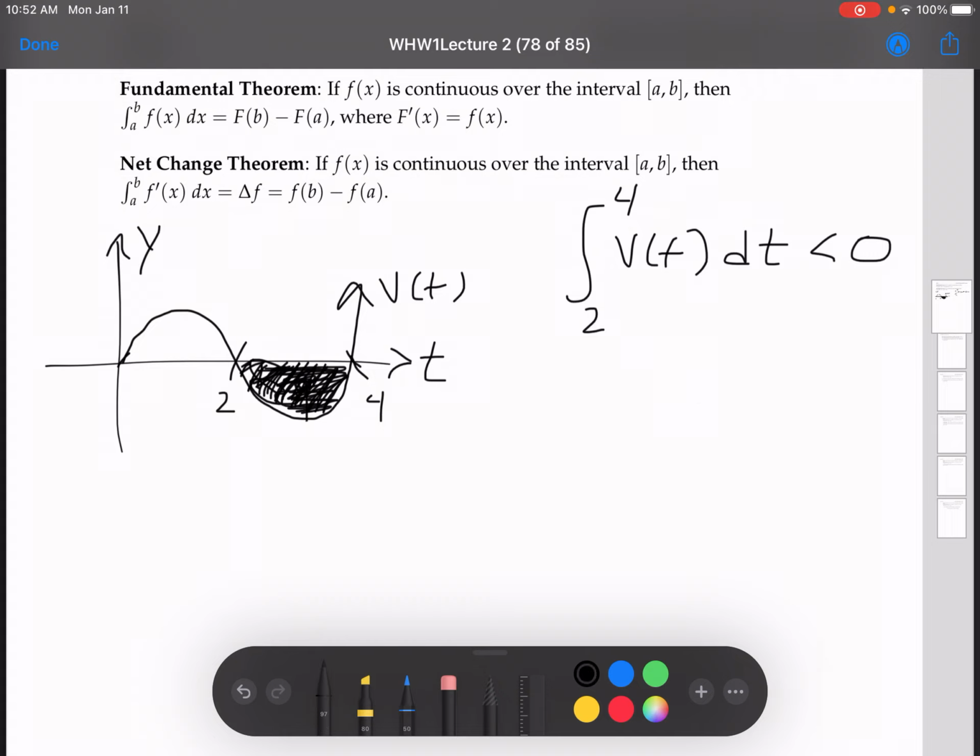And so now think about what this means. By the net change theorem, s of 4 minus s of 2 is negative, because these two things are equal. That's exactly what we have right here.